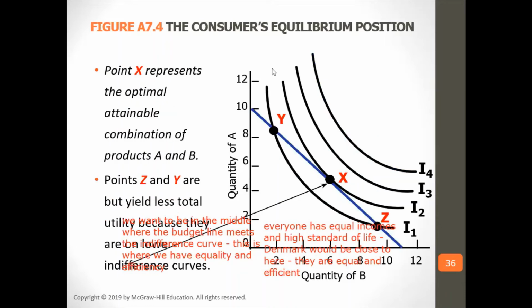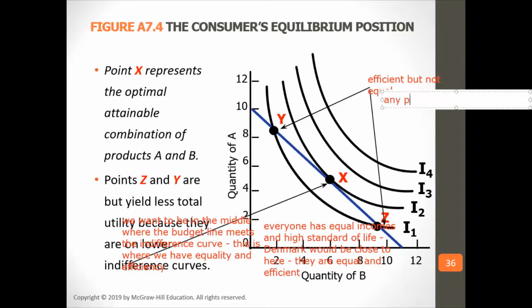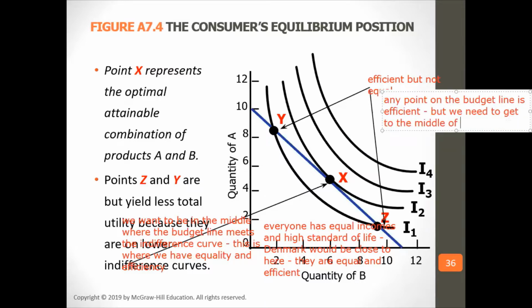But Y and Z here are efficient, but they're not equal. Efficient but not equal. Any point on the budget line is efficient, but we need to get to the middle of the budget line to be equal.